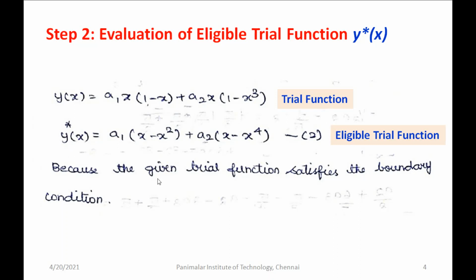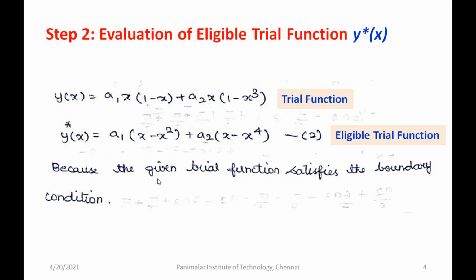At x equal to 0, y is 0. Now you see the given trial function a1 x into 1 minus x, so x into 1 minus x cube. When you put x equal to 0, y becomes 0, and when you put x equal to 1, again the condition is satisfied. So we can consider the given trial function as an eligible trial function.